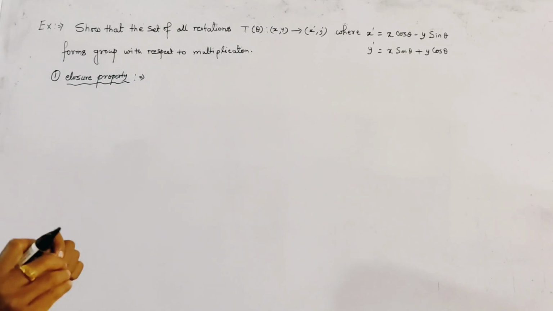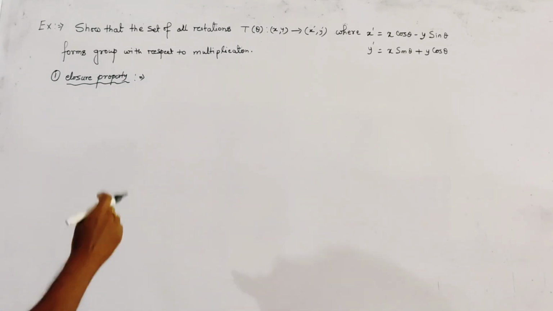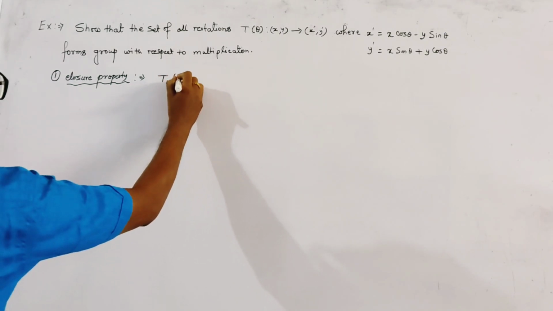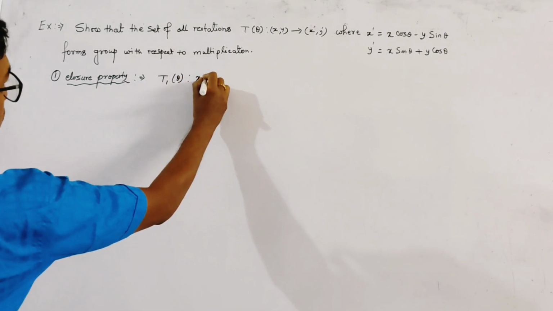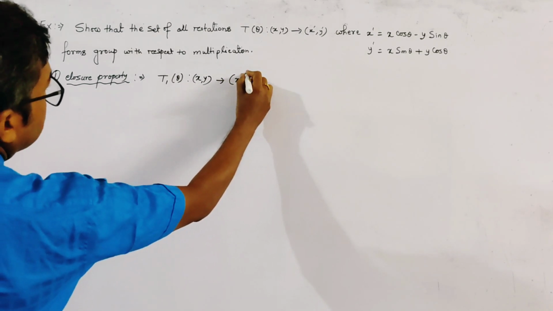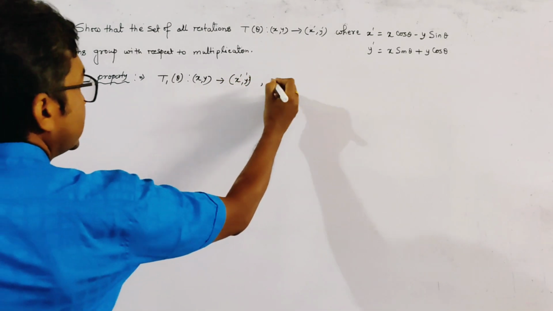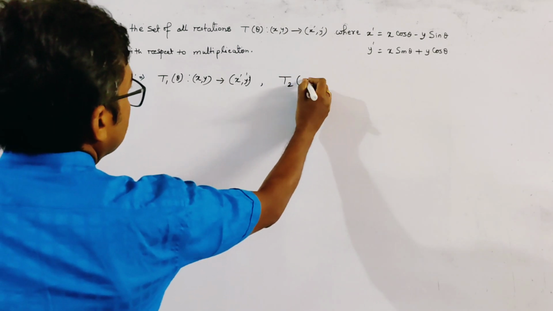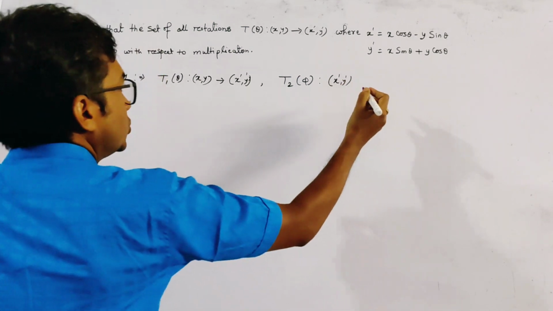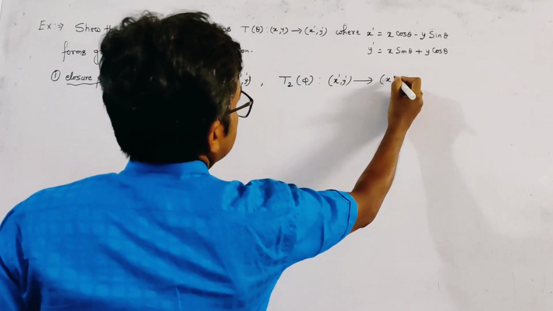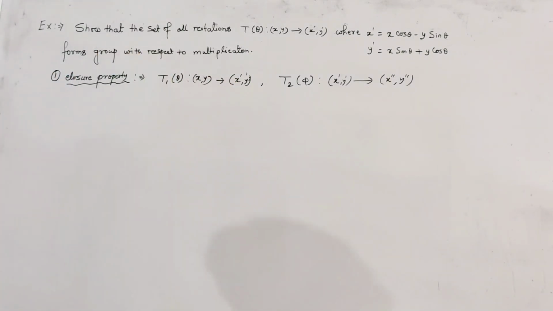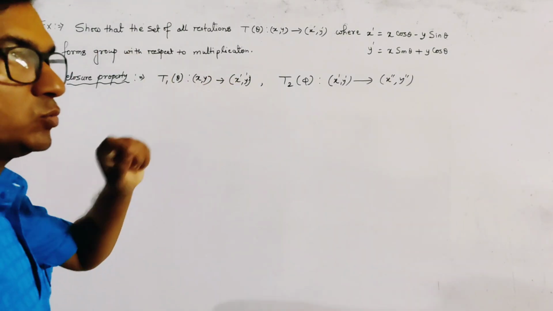To prove the rotation is closed, or satisfies the closure property, we take 2 rotations. One is T1 theta, which takes (x, y) to (x', y'), and the second is T2 phi, which takes (x', y') to (x'', y'').